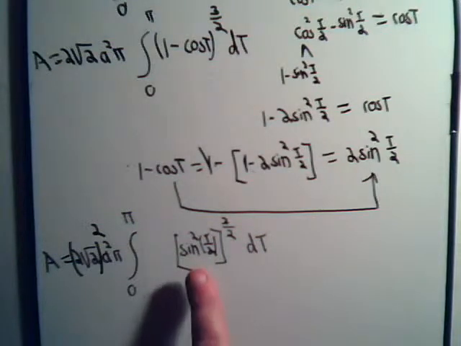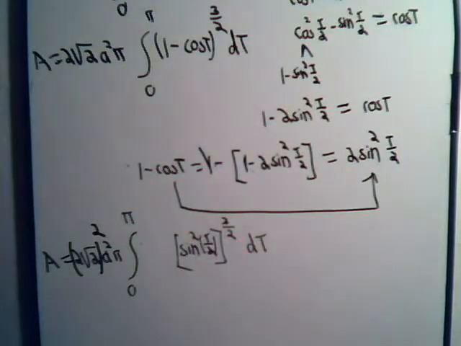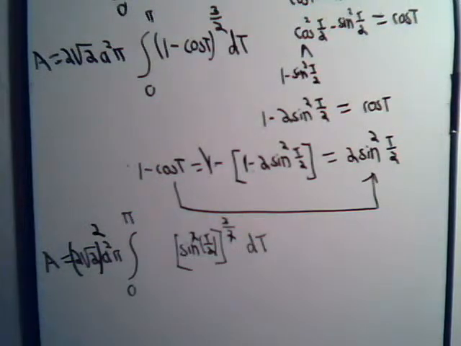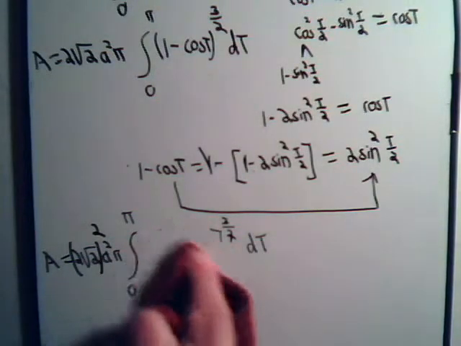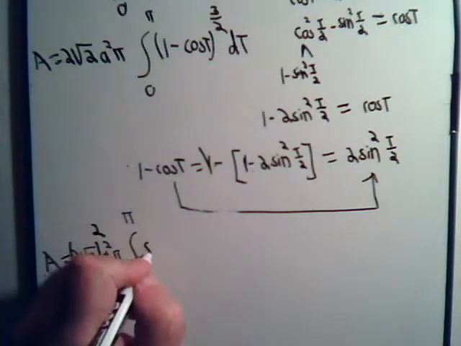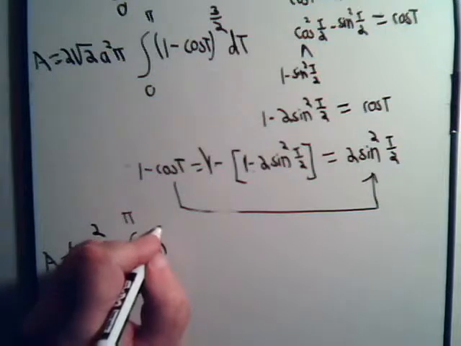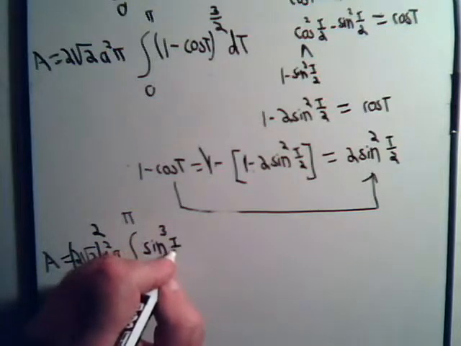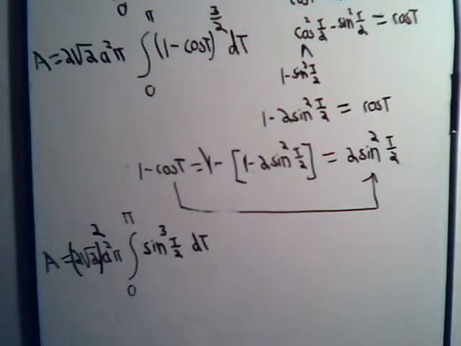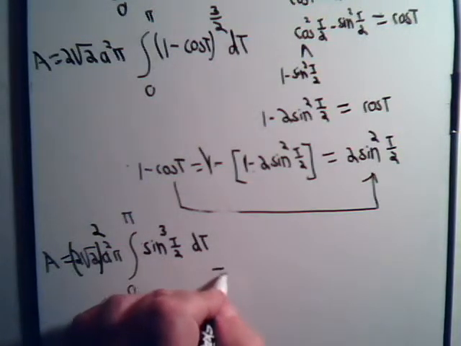And the sine squared to the 3/2 power, it's just going to be this cubed. So let's just rewrite it and try and write it a little bit neater. Sine of t over 2 cubed. So we have the sine cubed of t over 2 dt. And what is this going to equal?